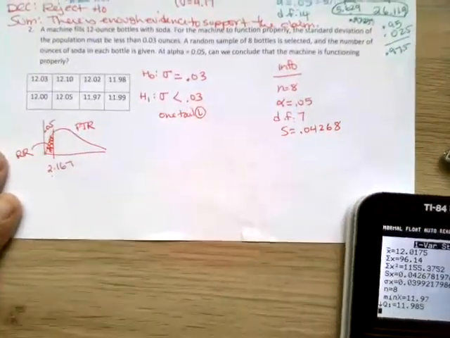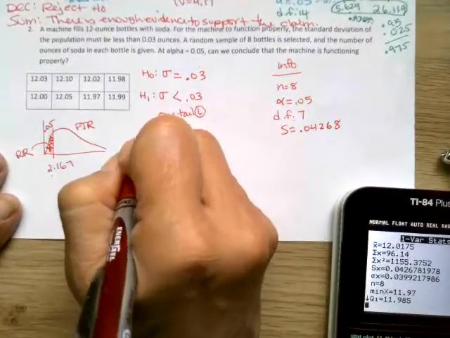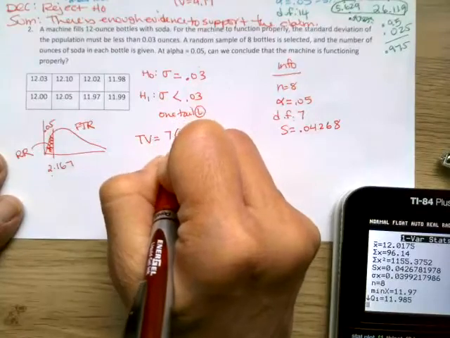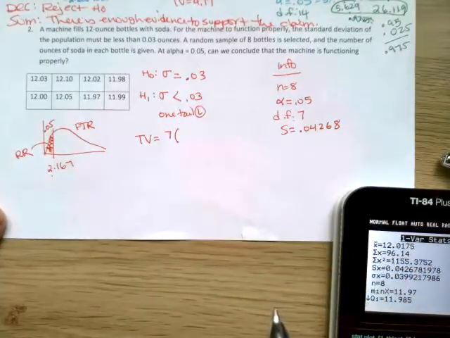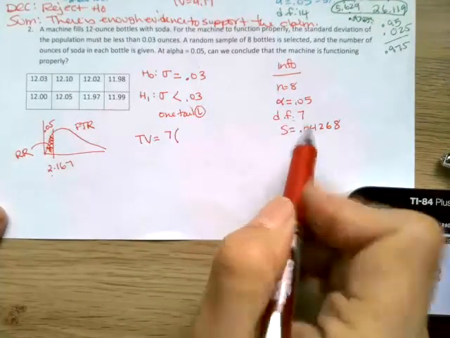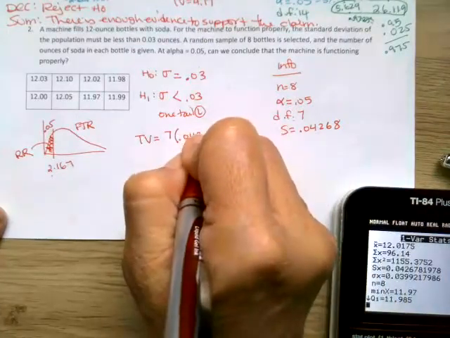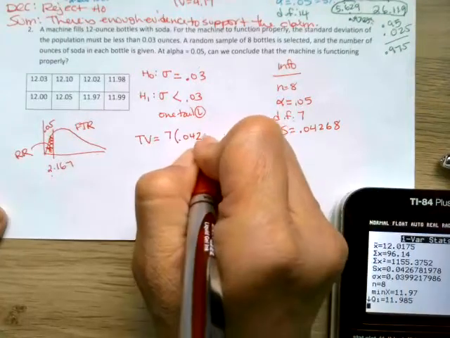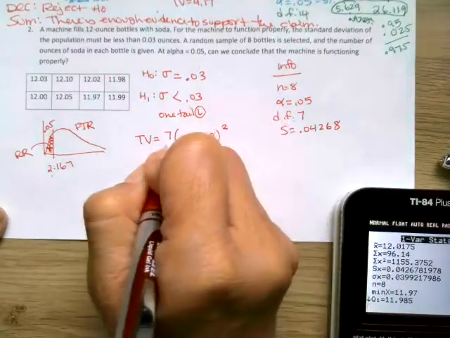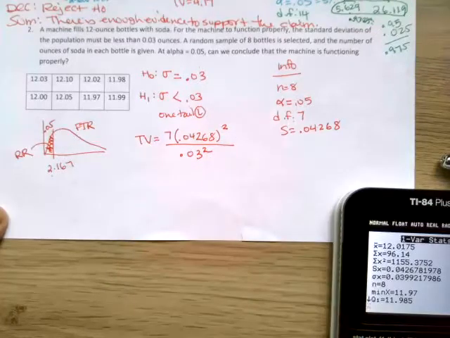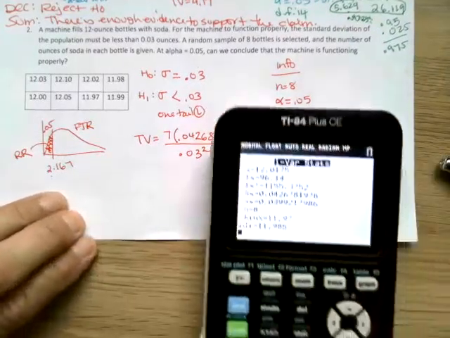Okay, so let's go ahead and find our test value. So the test value is n minus 1, 7, times the standard deviation from our sample, 0.04268 squared, divided by the standard deviation from the hypotheses.